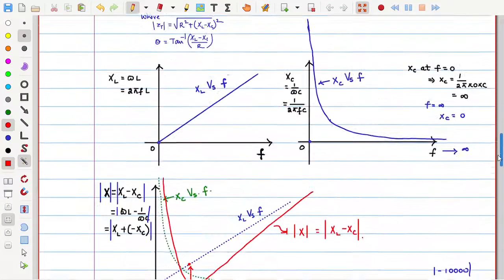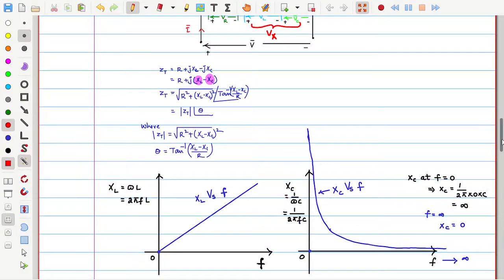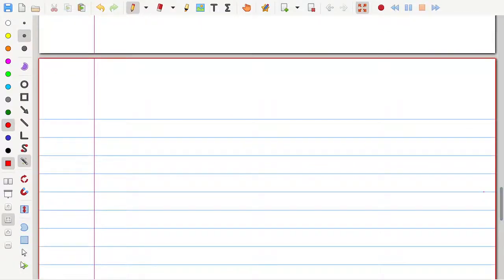Instead, let us see the total impedance of this series RLC circuit. What is the total impedance of the series RLC circuit? R plus j(XL minus XC).